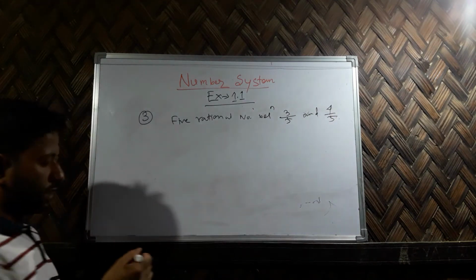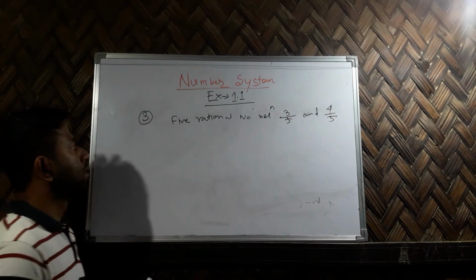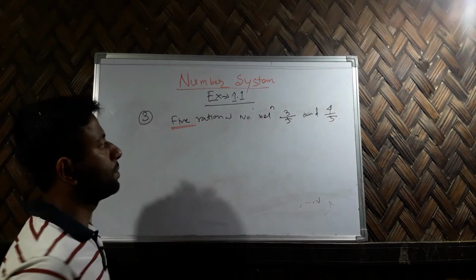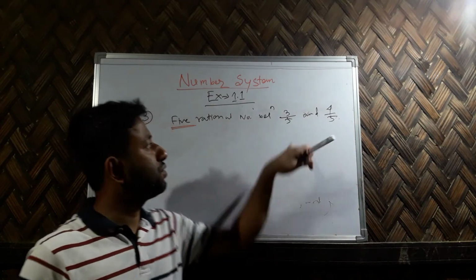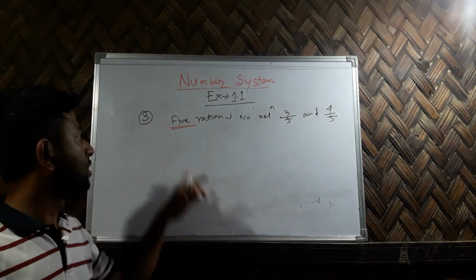This is question number 3: 5 rational numbers between 3/5 and 4/5. Here I have to find out 5 rational numbers in between 3/5 and 4/5.